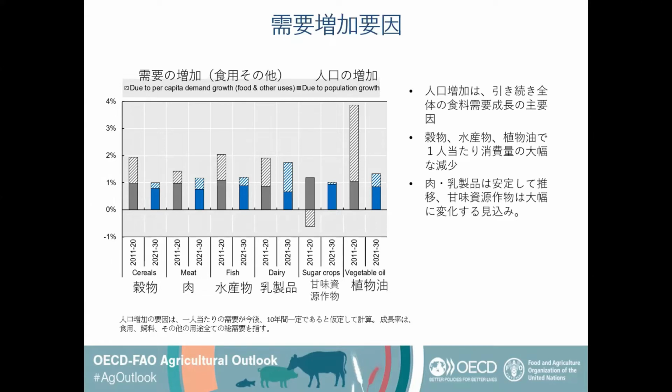For vegetable oils, the growth in biodiesel is really subsiding. Then there are exceptions for high value commodities like meat and dairy. There we still see a strong continuation of the per capita demand growth, which we will also see more of in a second.